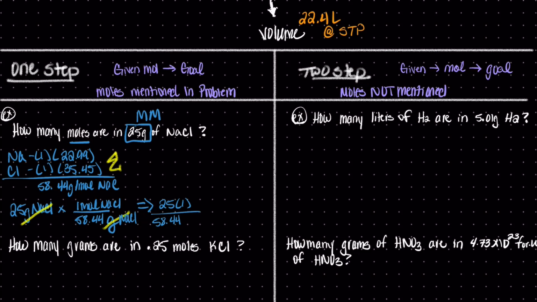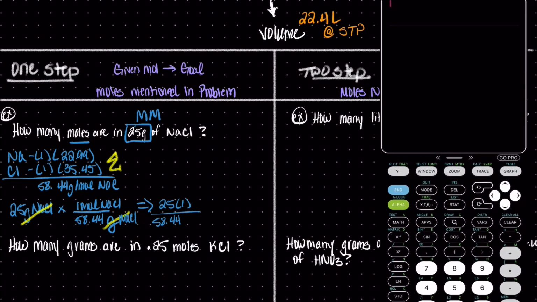So I'm going to take 25 times 1, which is 25, divided by 58.44. I should get a really small value. To how many sig figs? I see 2 sig figs here. So to report my accurate 2 sig figs, I'm going to round this value to 2 sig figs, 0.43 moles of NaCl. That is a final answer.